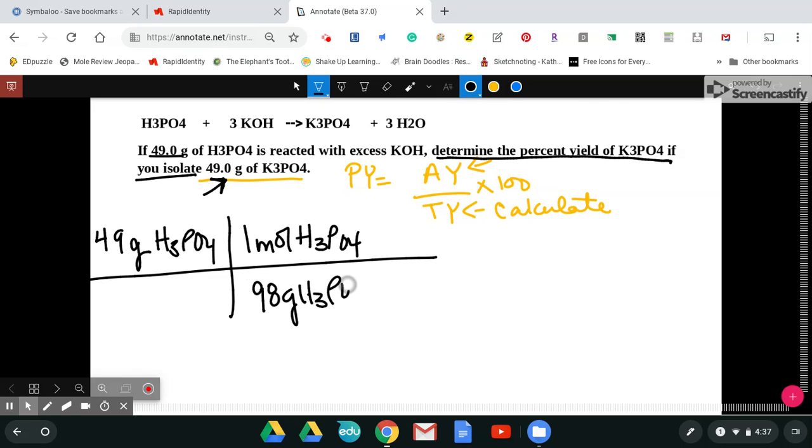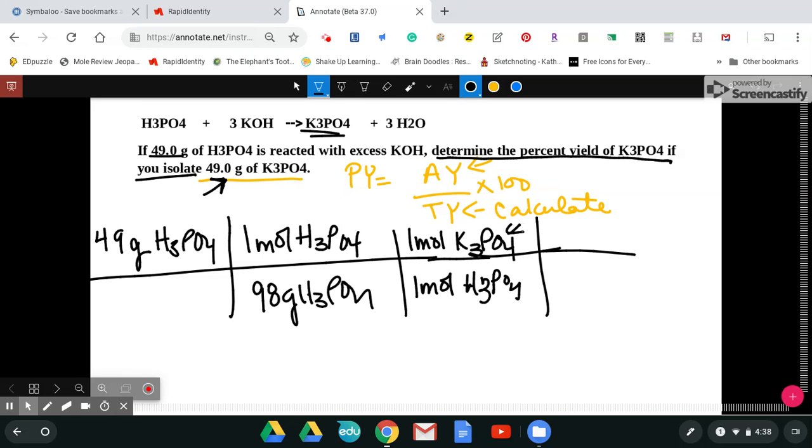Then go to your mole ratio: 1 mole of potassium phosphate, that's what we're looking for, over 1 mole of phosphoric acid.